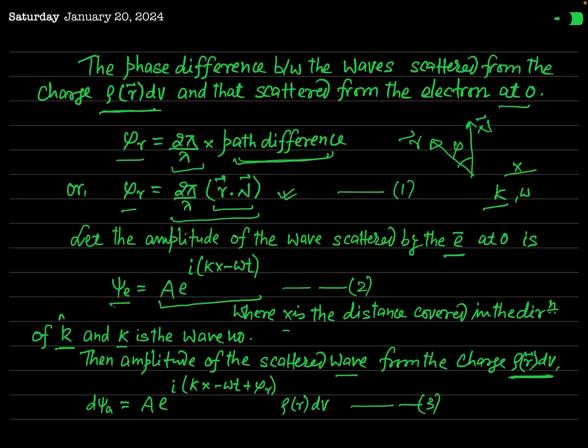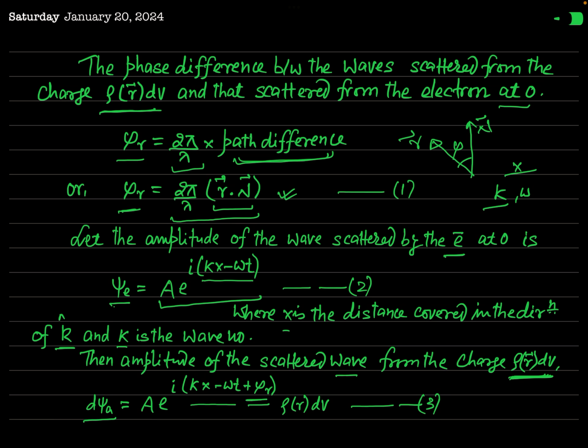So the amplitude of the scattered wave from the charge rho r dV is given like this: d psi a equal to a e to the power i(kx minus omega t plus phi r) times rho r dV. You can see the phase of the wave scattered from the electron at time t is kx minus omega t, but the phase of the wave scattered from this volume element will differ by phi r in phase. So I have added this phi r in the phase term.